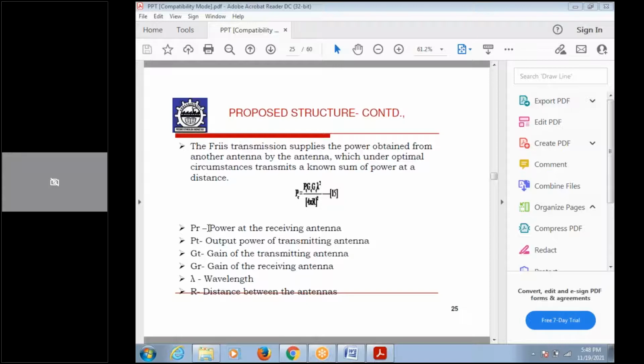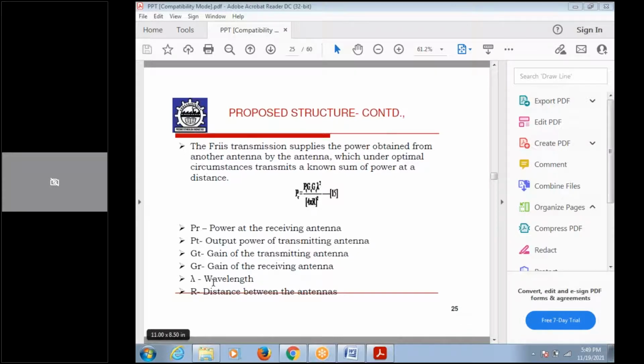Therefore, PR is the power at the receiving antenna. That means how much power is received, and PT is the output power transmitted to the diodes. Then GT is the gain of the transmit antenna and GR is the gain of the receiving antenna.